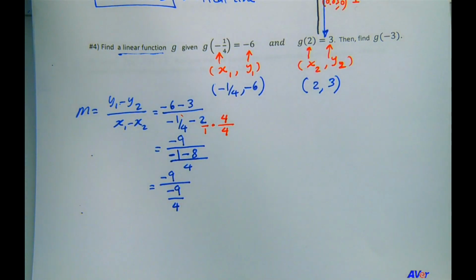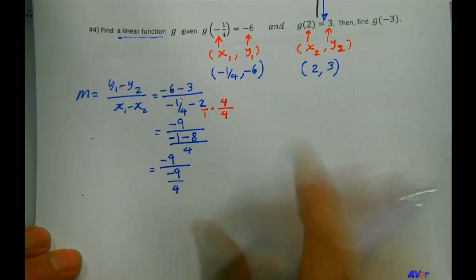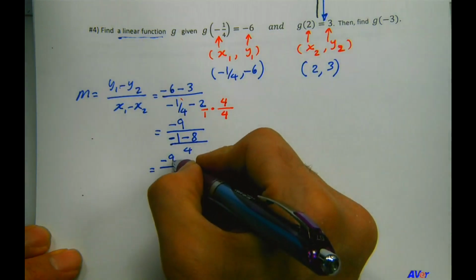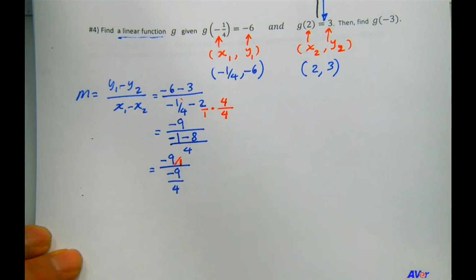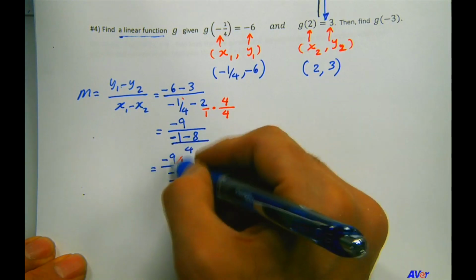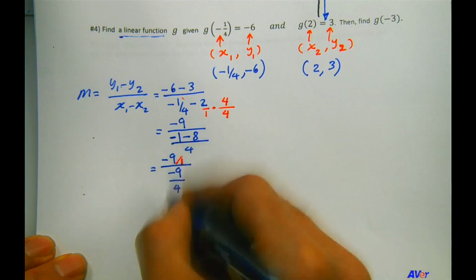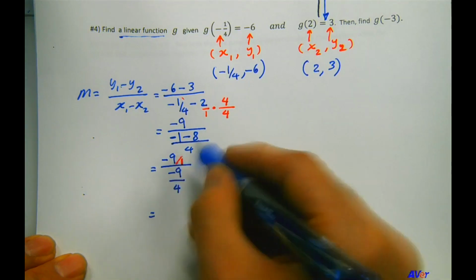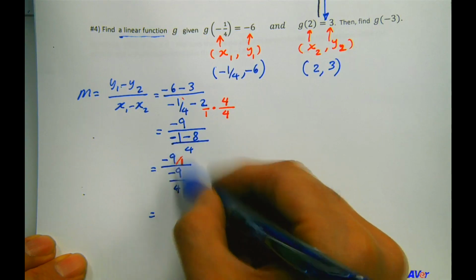We have ourselves a complex fraction. We can't have that, right? We need to simplify this. So the denominator of the minus 9 here is 1, right? Earlier, I mentioned to you that the easiest way to simplify a complex fraction is this: look at the numbers that are farthest away from each other.